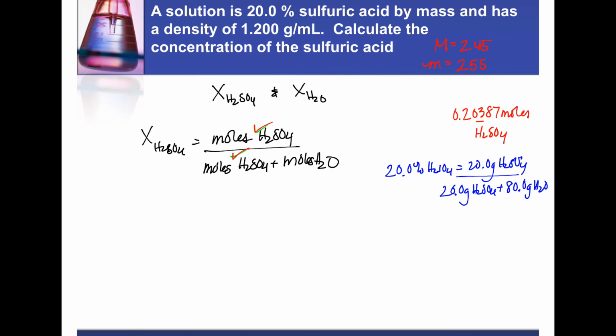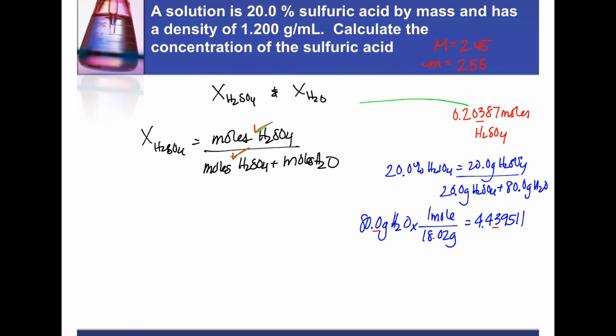Right, so 80 grams of water. Water's molar mass is 18.02 grams per mole. And so the moles is 4.39511. There were a lot of numbers after that, but for sig figs, we only need 3 sig figs because this had 3 sig figs.